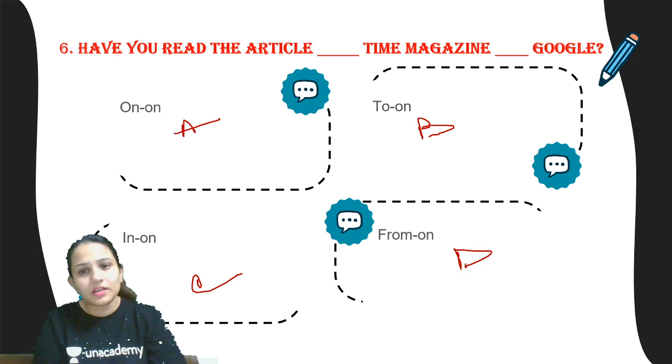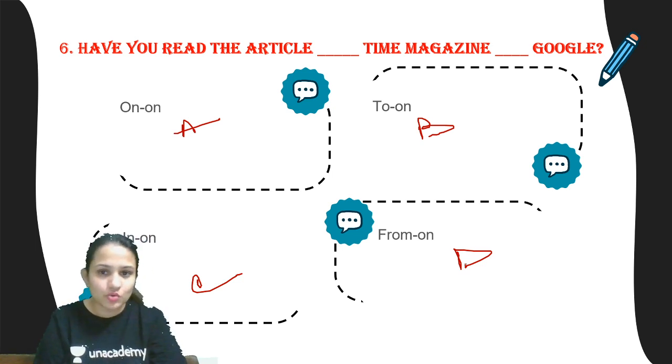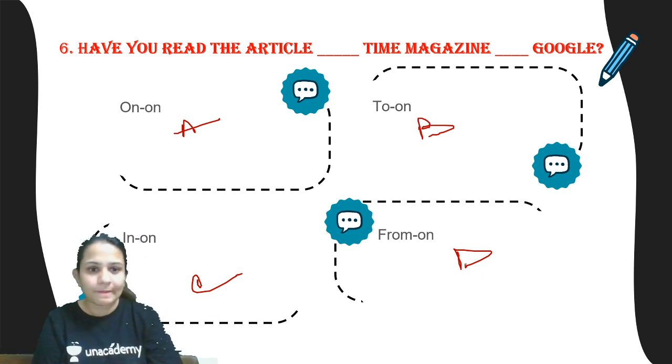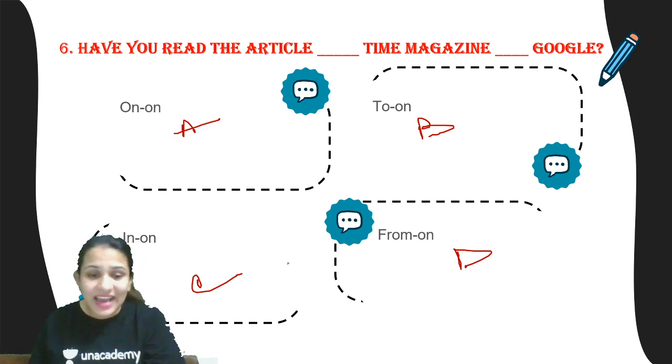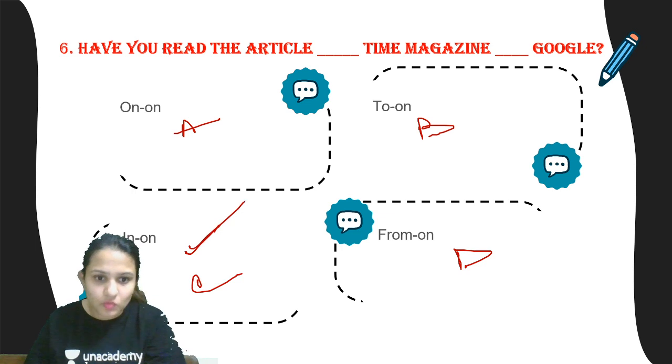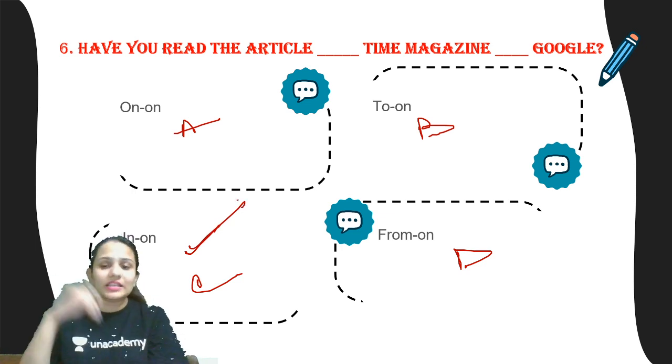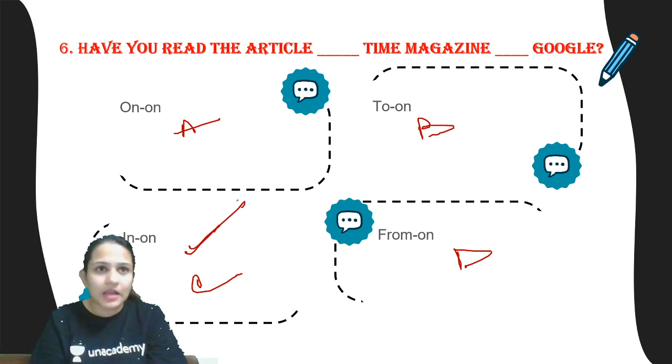Have you read the article dash Time Magazine dash Google? So the correct answer will be revealed in 10 seconds. Have you read the article in Time Magazine on Google? You read the article in a book or a magazine.